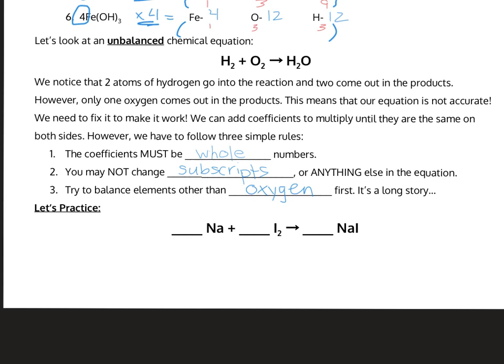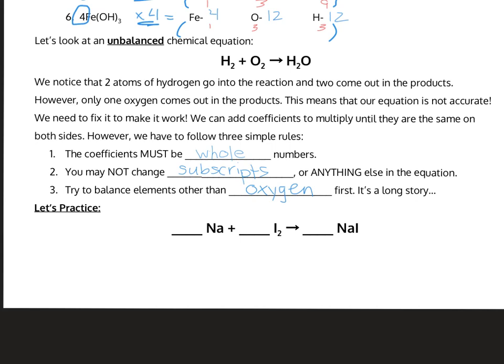You also cannot change any of the subscripts. Remember, we talked about how H2O is something I can drink. H2O2 will kill me. So I can't just change that to H2O2 in order to balance that equation. That's bad news bears. It still has to be the same substance. So subscripts cannot change at all.